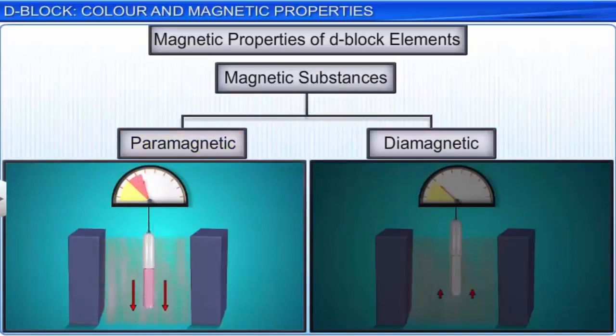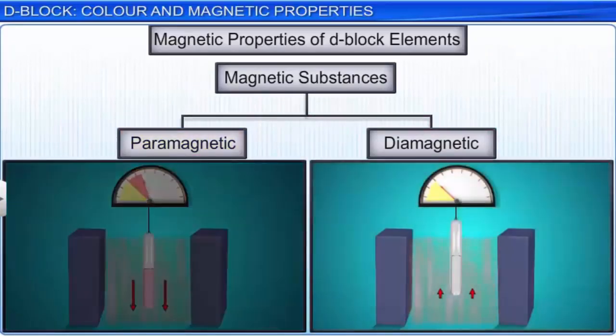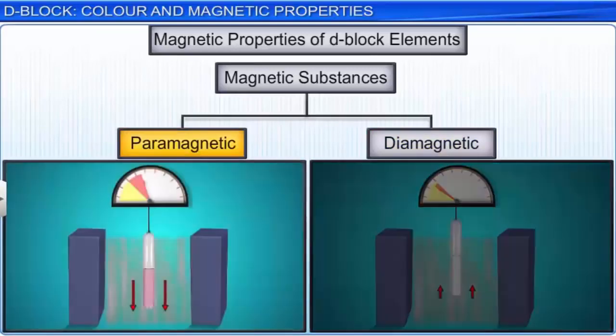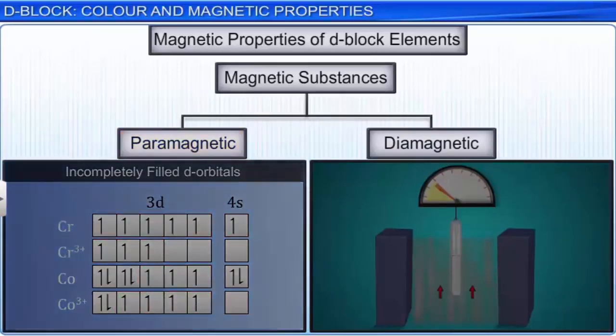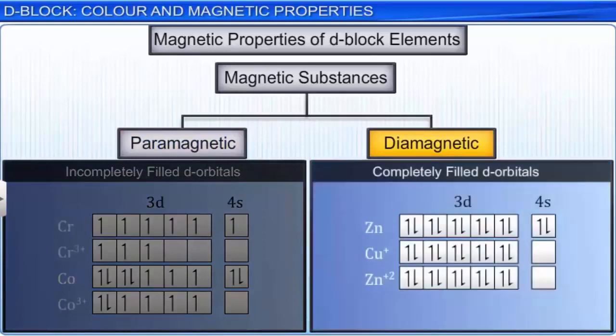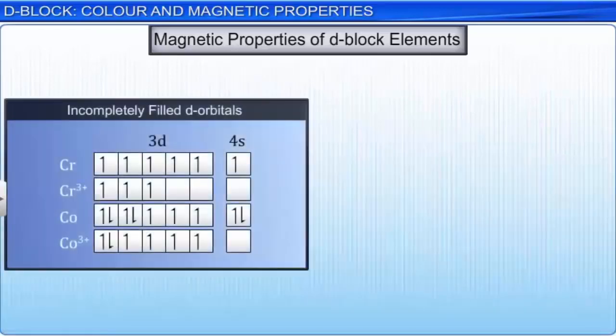Paramagnetic behavior is caused by the presence of unpaired electrons in the atom, ion or molecule. Diamagnetic behavior is caused by the absence of unpaired electrons. Every unpaired electron is regarded as a micromagnet with a certain value of magnetic moment. The magnetic moment of the electron is due to spin angular momentum.